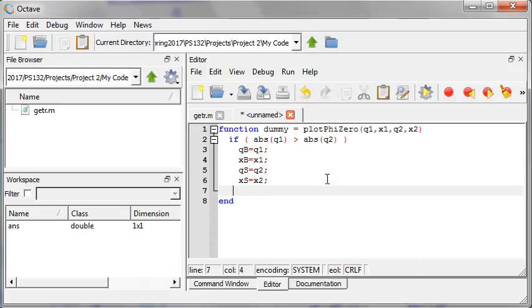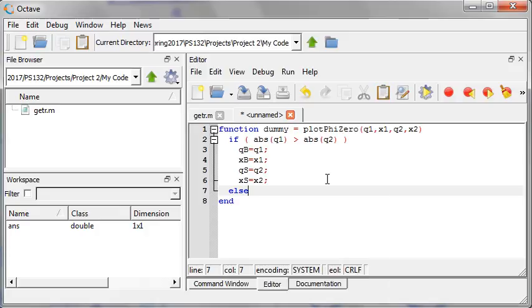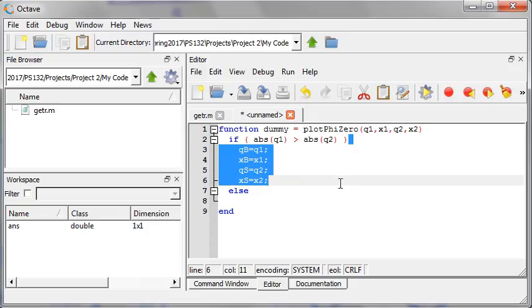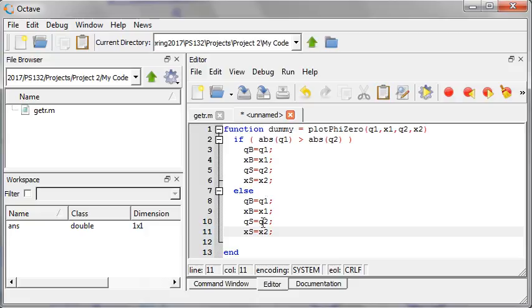Alright. Else, so this would be the other way around. I think I'm going to try copying all this stuff and then just modifying it. It could get me in trouble, but I'm going to give it a go.